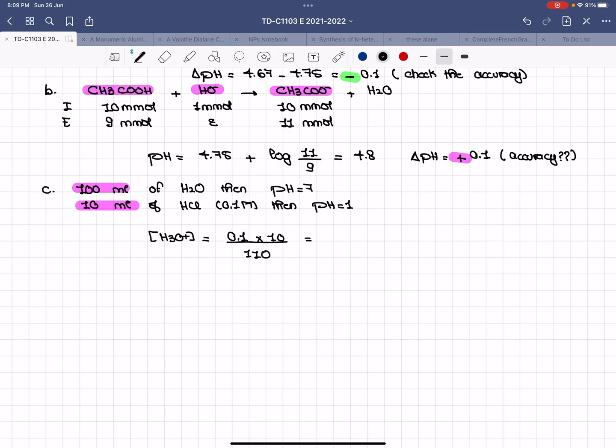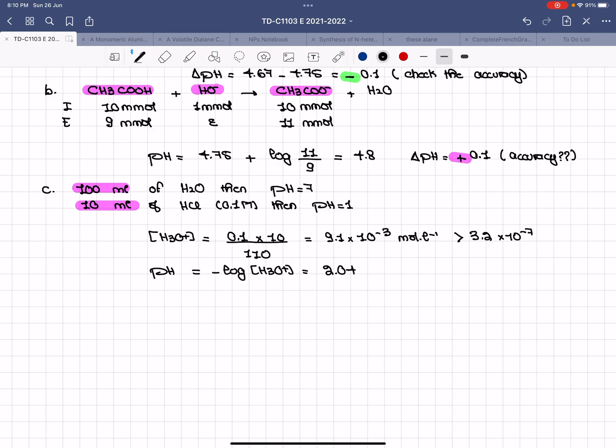You get a value of 9.1 times 10 to the negative 3 mole per liter. This is greater than 3.2 times 10 to the power negative 7. So simply the pH is negative log of H3O plus, which is equal to 2.04.